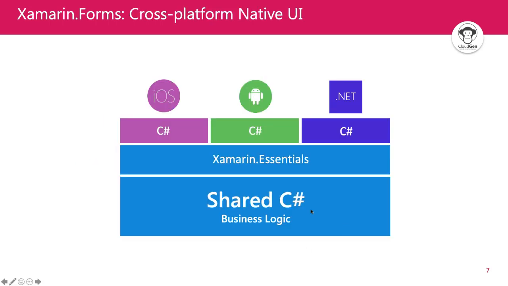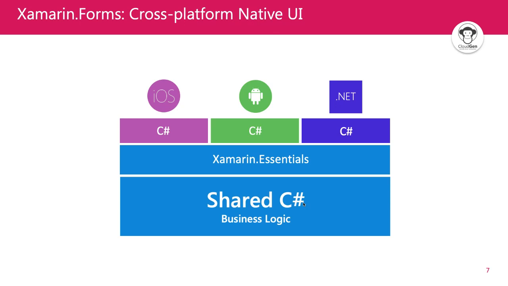So this is the slide that explains this. You can create your business logic, you can connect to services, you can write business logic or calculations code in a .NET standard project.